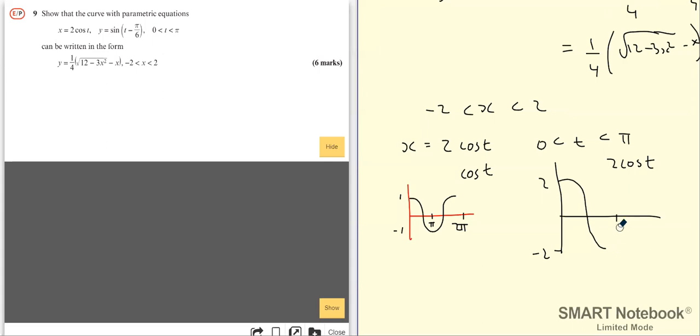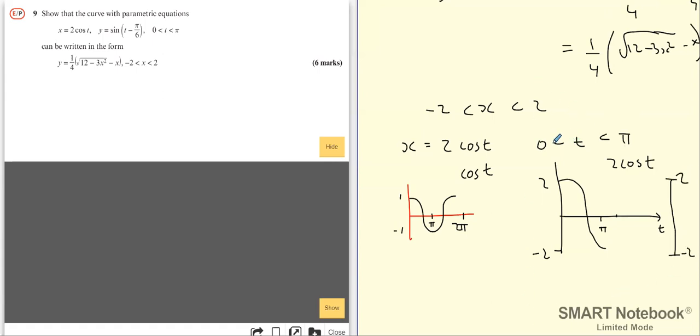So I only want to go up to here. I ignore everything else. Here is pi, because t can only lie between 0 and pi. And so my lowest value is down here, my highest value is in line with this, 2 and minus 2.